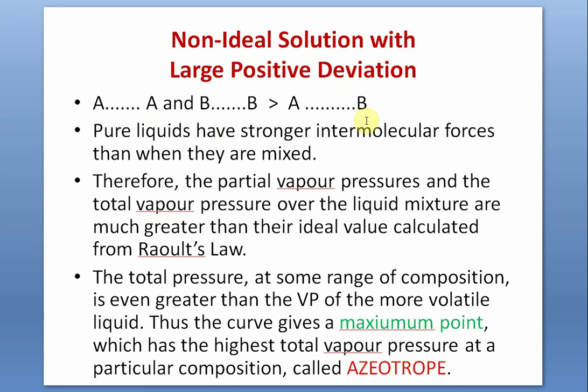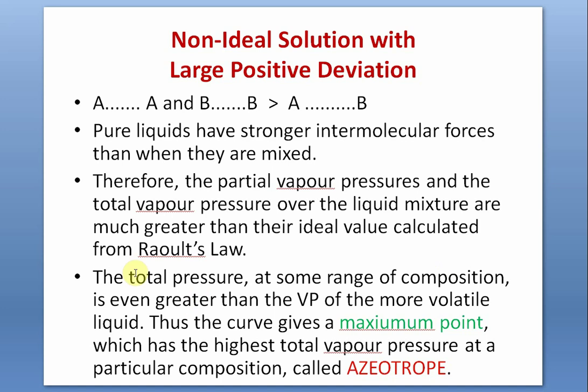The individual partial vapor pressures as well as the total pressure are more than those calculated by Raoult's law, right? The pure liquids have stronger intermolecular forces than when they are mixed. When they are mixed, they become poor in their association. Therefore, the partial vapor pressures and the total vapor pressure over the liquid mixture are much greater than their ideal values calculated from Raoult's law.